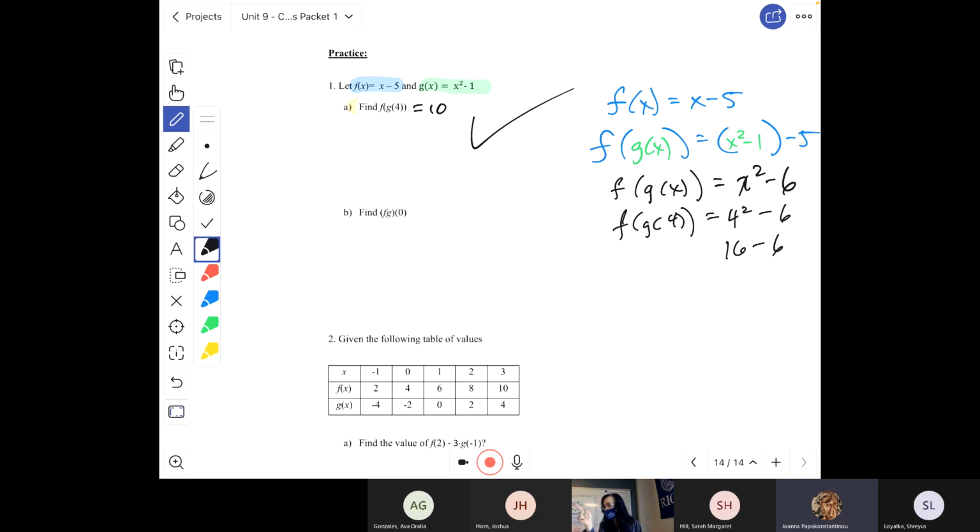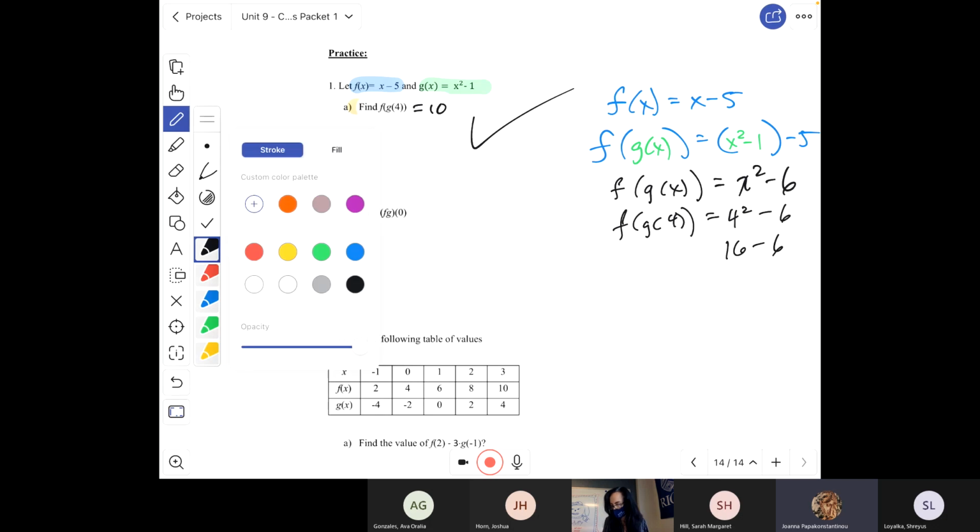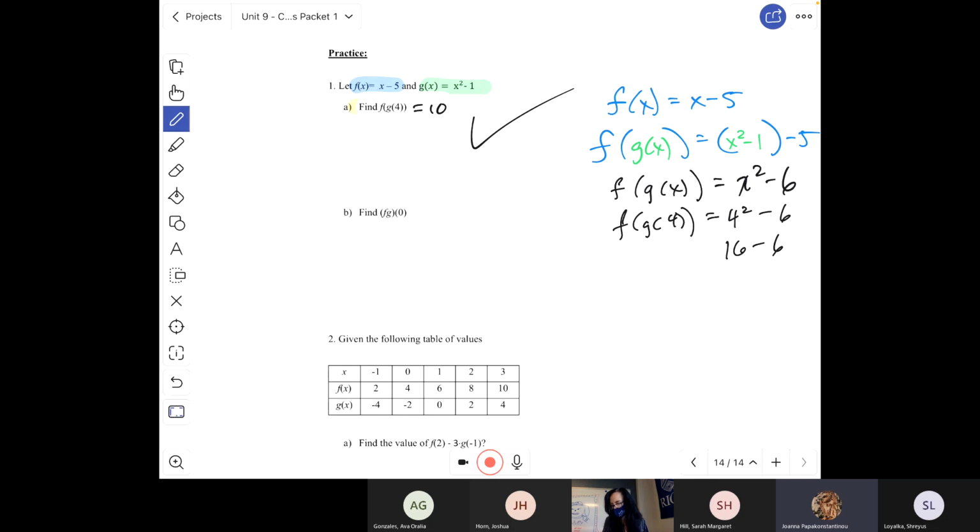Multiplication. So make sure you know the difference between composition and multiplication. Know when to do each. So I could multiply f times g and then substitute in 0, or do what? Is this not f of 0 times g of 0?